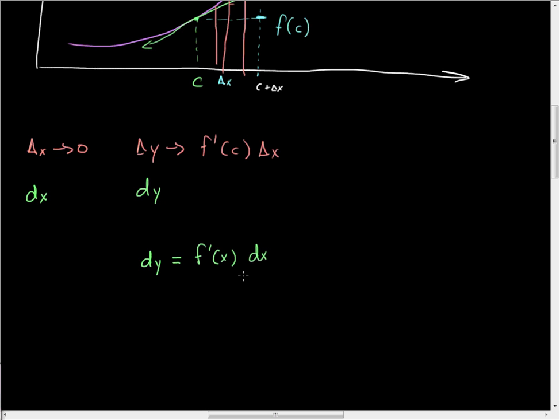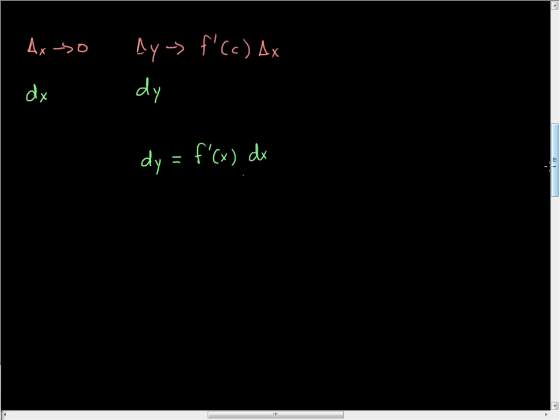Another way that students kind of remember this is, we talk about taking the derivative. If we have a function here, some f of x, then we could take its derivative, which is f prime of x. But at the same time, if y is our function, its derivative is dy dx.